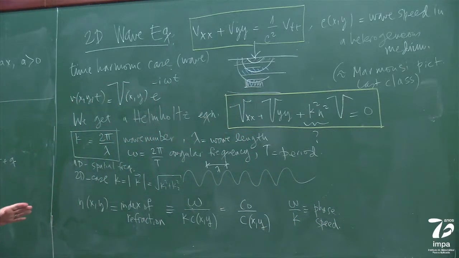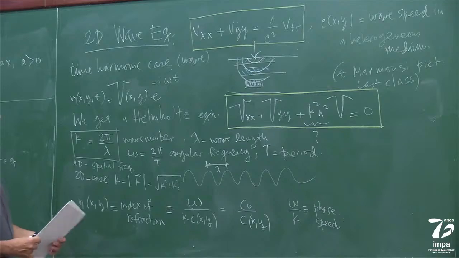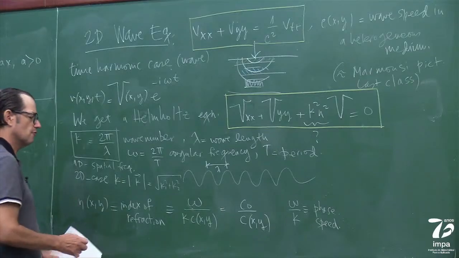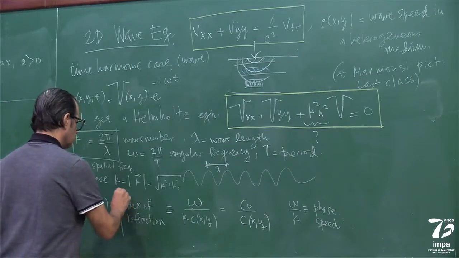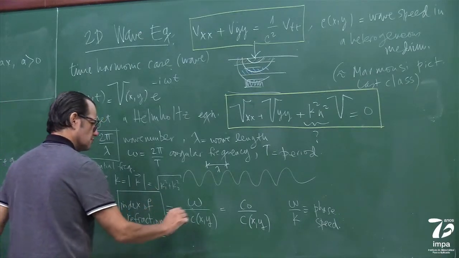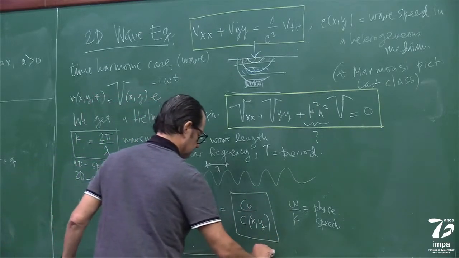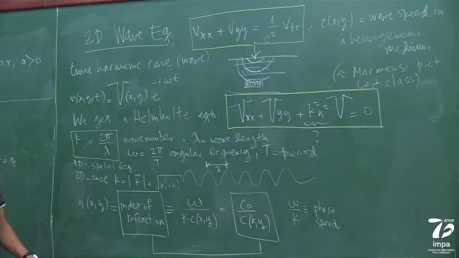Okay, so let me motivate this to you, because I think this is a little more like with a physics flavor, but in the mathematics. So, as I said, this n comes as index of refraction. So index of refraction is basically related more to this. Look. Why?